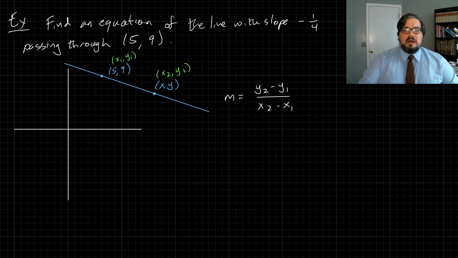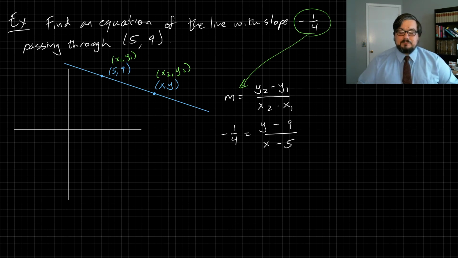And we also know that the slope is negative 1/4. So that means that we get negative 1/4 is equal to, now y2 was just what we called y, y1 was 9, x2 was x, and x1 was 5.